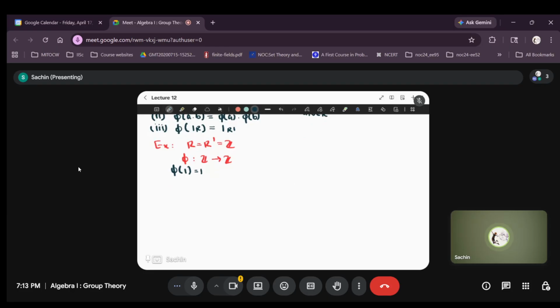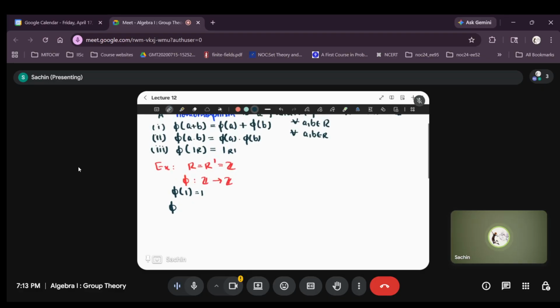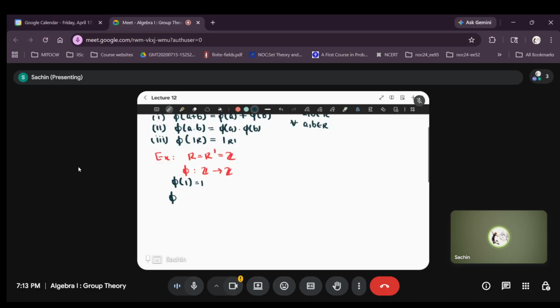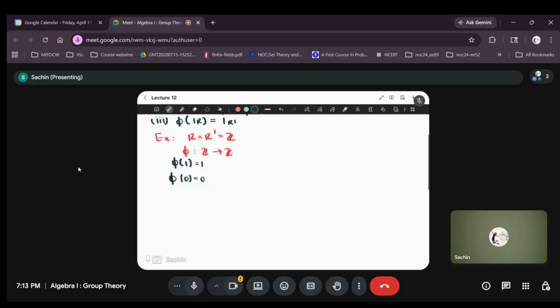Even otherwise, from the first property that phi of a plus b is equal to phi of a plus phi of b, we get phi of 0 is 0. Now phi of minus 1 plus 1 is phi of 0, but it's also equal to phi of minus 1 plus phi of 1. So 0 is equal to phi of minus 1 plus 1.